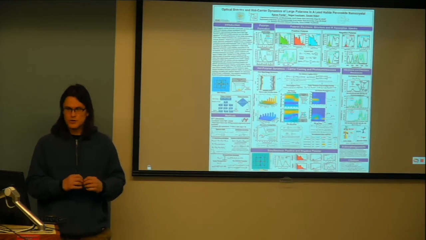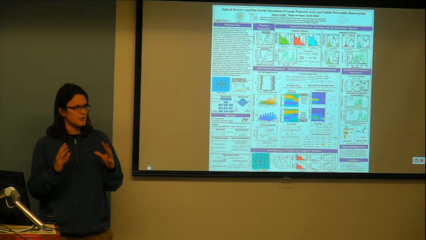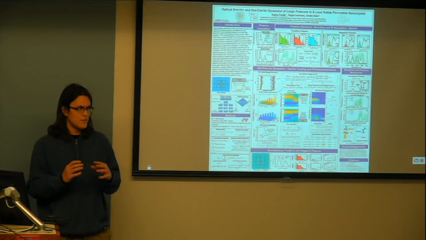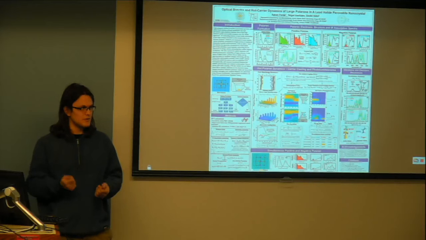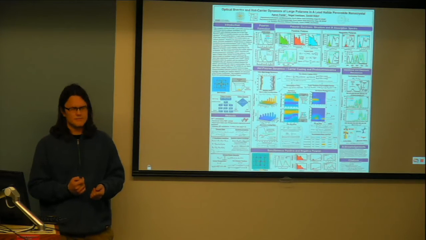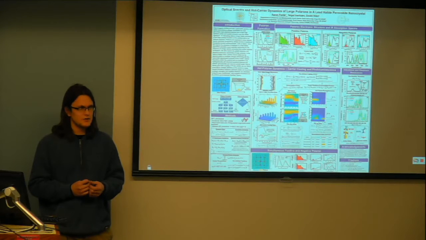Whereas a large polaron is more delocalized over multiple unit cells. So it can have a variable spatial size depending on the type of material. And by size, it's on the order of 10 nanometers.